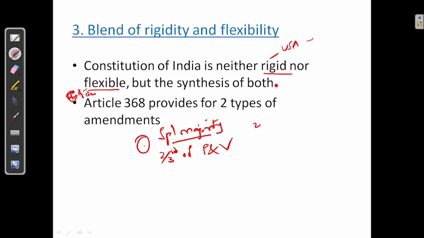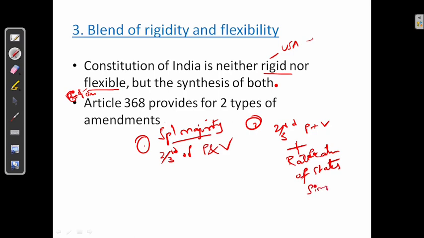The next one is 2/3 of present and voting plus ratification of the states. That is, more than 50% of the state legislatures should accept the law with a simple majority.